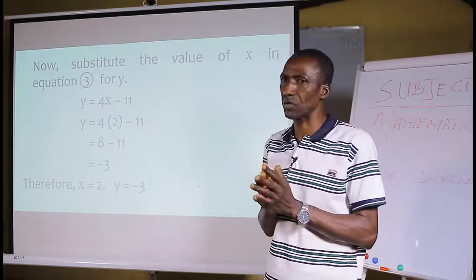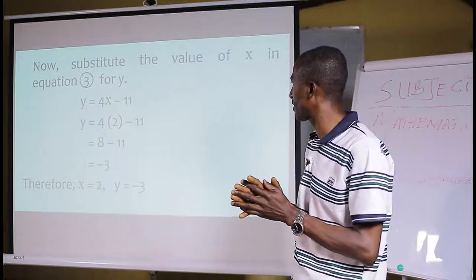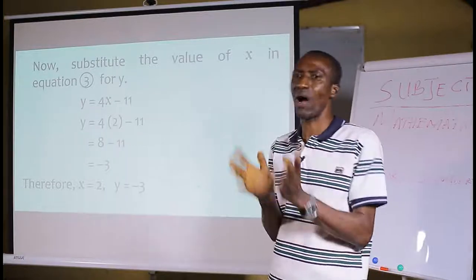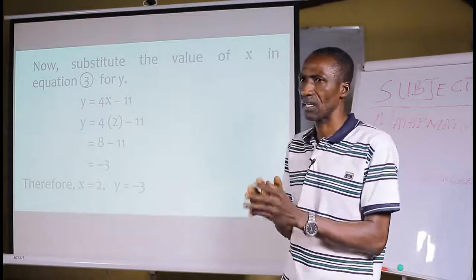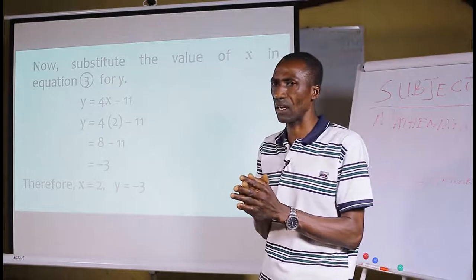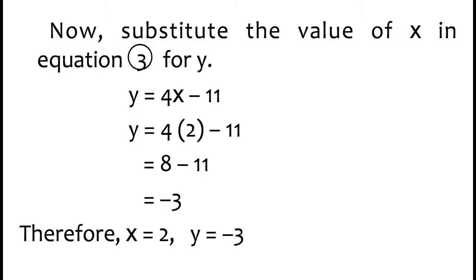Next, I substitute the value of x in equation 3 for y. So y equals 4x minus 11, which is equation 3. So your y now equals 4 times the value of x, which is 2, minus 11. And 4 times 2 equals 8.